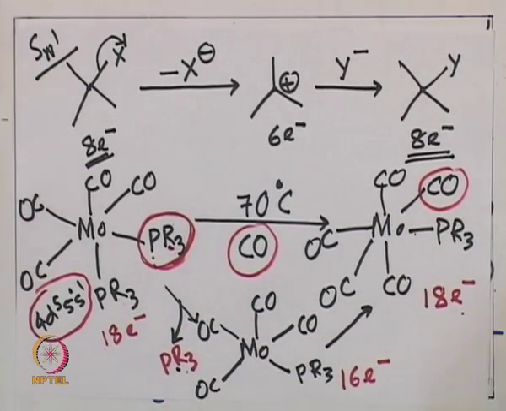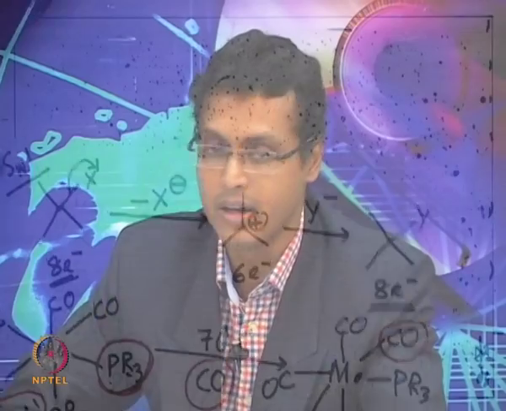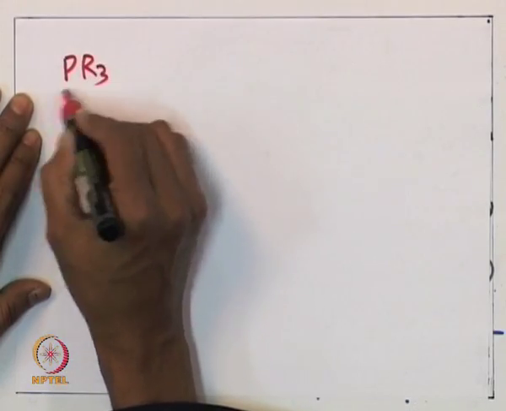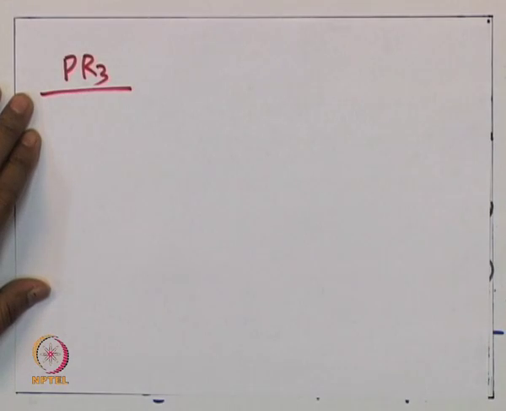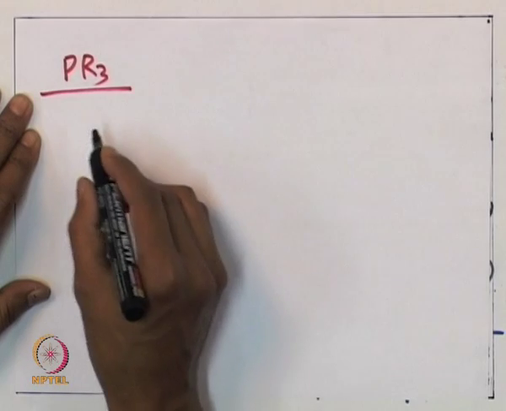Now, what scientists have done previously is that this PR3 is taken by different substituents.